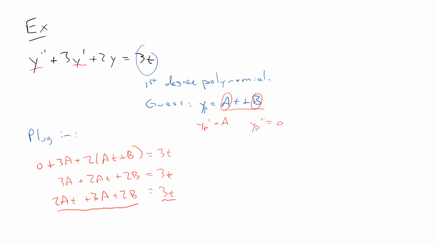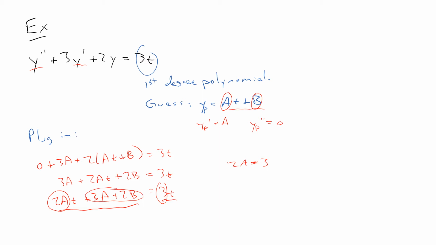Okay, so in this case, my coefficient on the t is 2a, and on the right-hand side, the coefficient to t is 3. So the only way that these could be matched is if 2a is the same thing as 3. Similarly, when I look at my constant terms, I have 3a plus 2b is a constant.